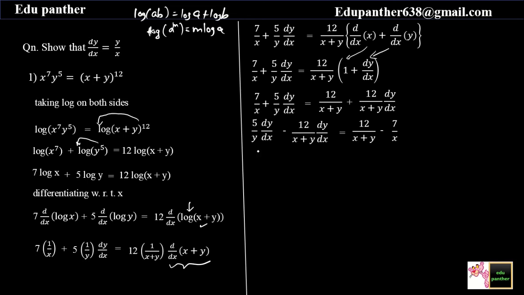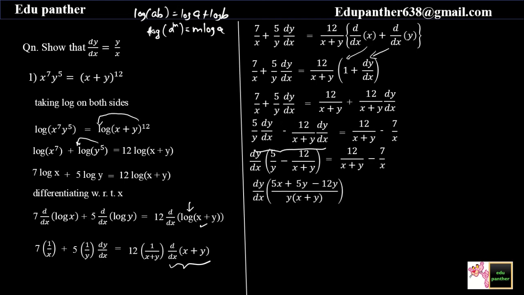Now on this left hand side what we can do, from these two terms we can take dy by dx common. So if we take dy by dx common, we'll get dy by dx into 5 by y minus 12 upon x plus y is equals to, your right hand side will be as it is. Now since we have some fractions here, we can apply cross multiplication on the left hand side as well as the right hand side.